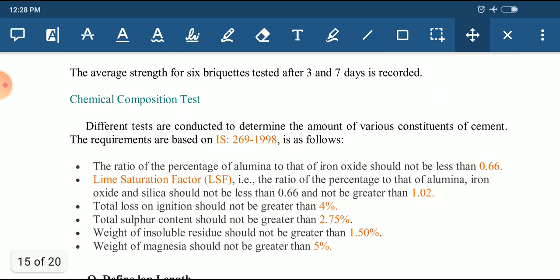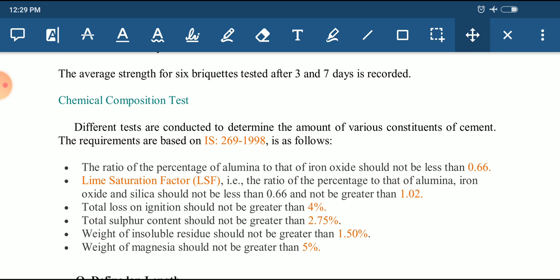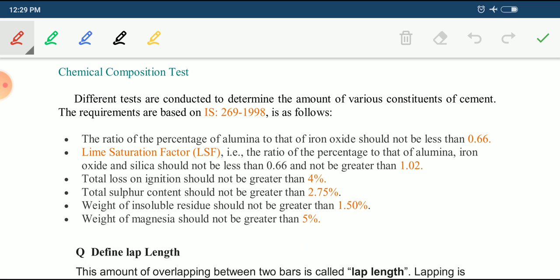Chemical composition test. Different tests will be conducted to determine the amount of various constituents of cement. The requirements are based on IS 269 1999 as follows: the ratio of the percentage of alumina to that of iron oxide should not be less than 0.66. The lime saturation factor should not be less than 0.66 and not greater than 1.02.